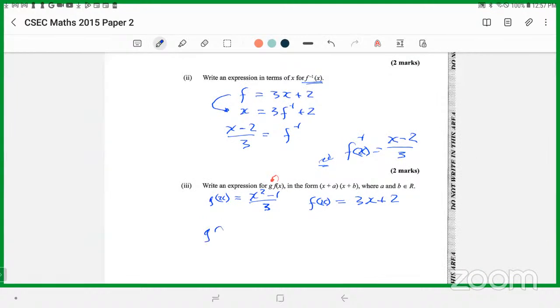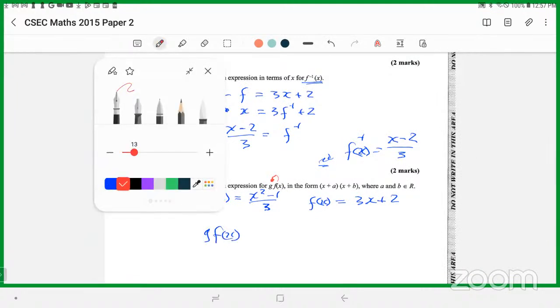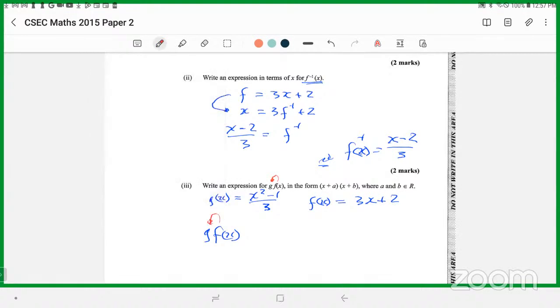So g of f of x, we say that is f into g, first function into the second function. And so taking all of f, I'm going to bring it and substitute it into the g, right here where the x is. All right.